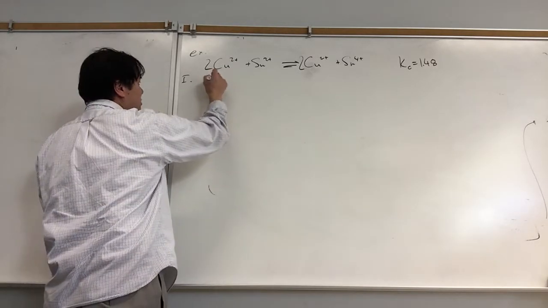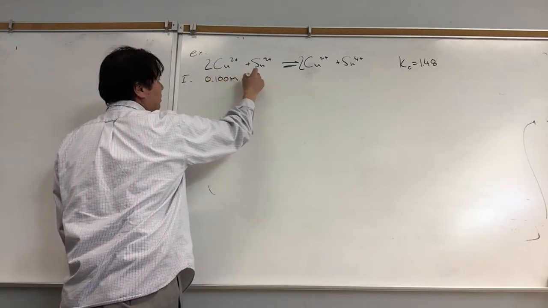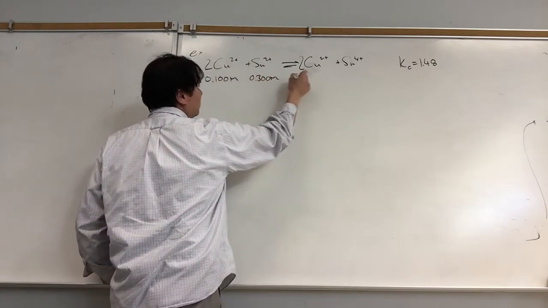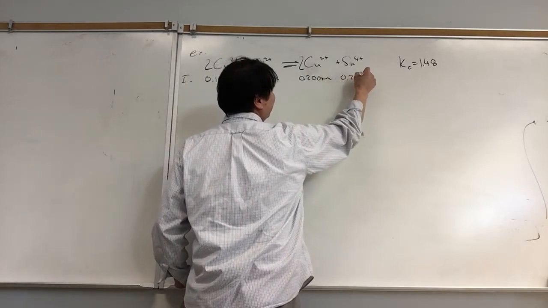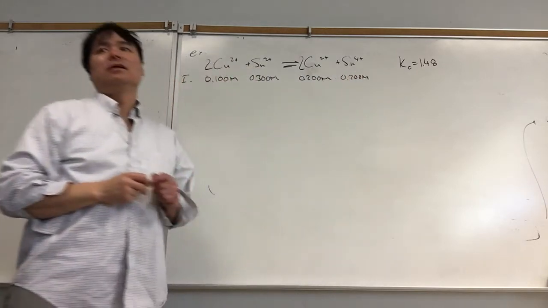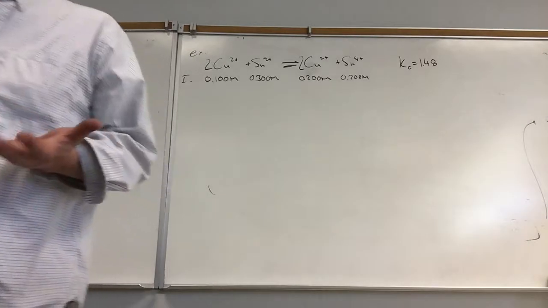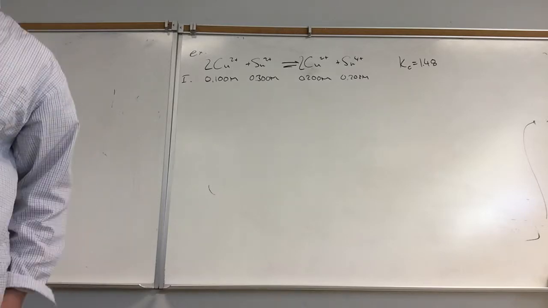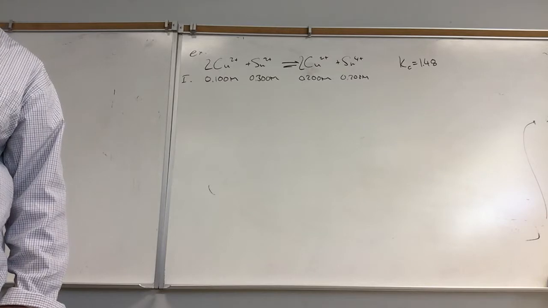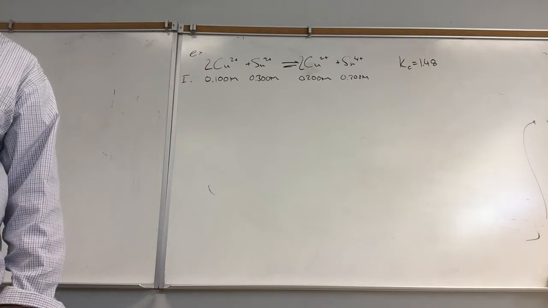And so let's take a look at this scenario where I have 0.100 molar, 0.300 molar, 0.200 molar, and 0.200 molar. And so right now I have kind of a 50-50 mix, right, of atoms, sort of. Do you see that? It's like a 50-50 mix. And so it looks like it's close to where it should be, which is good.